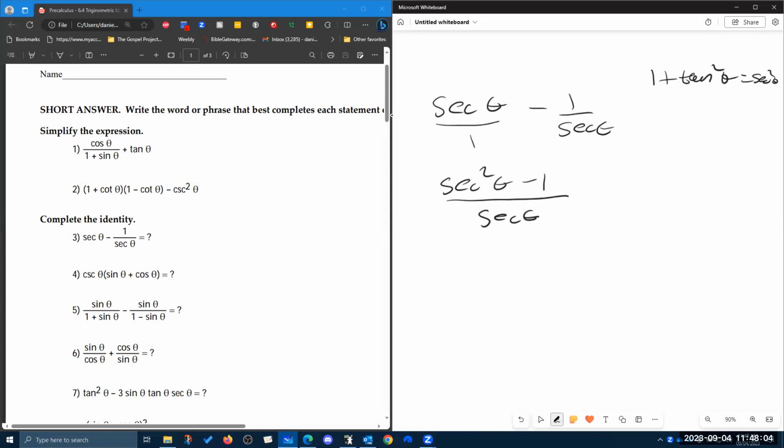So secant squared theta minus 1 is tangent squared. This is tangent squared theta over secant theta. There's really nothing that I can do to simplify that. If I wanted to change it into sines and cosines, I could say that that's sine squared over cosine cubed. But that's just as good.